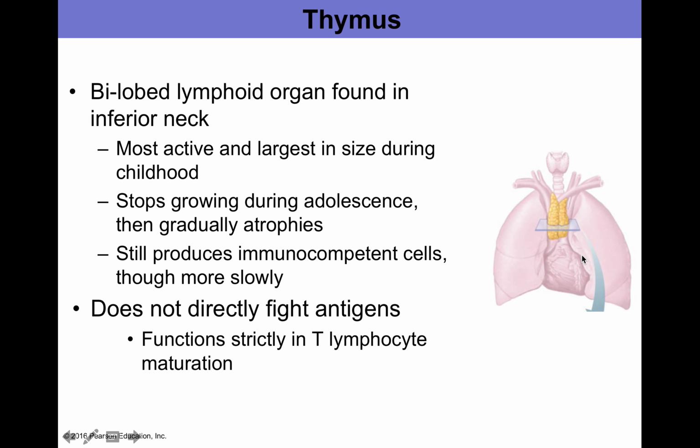And the interesting fact about the thymus is that as individuals start to age, the activity of the thymus starts to decrease because the thymus starts to atrophy. So in young age, the thymus is highly active because it's responsible for maturing your T cells and making them immunocompetent, which basically means, again, having the ability to recognize an antigen and activate and trigger an immune response.